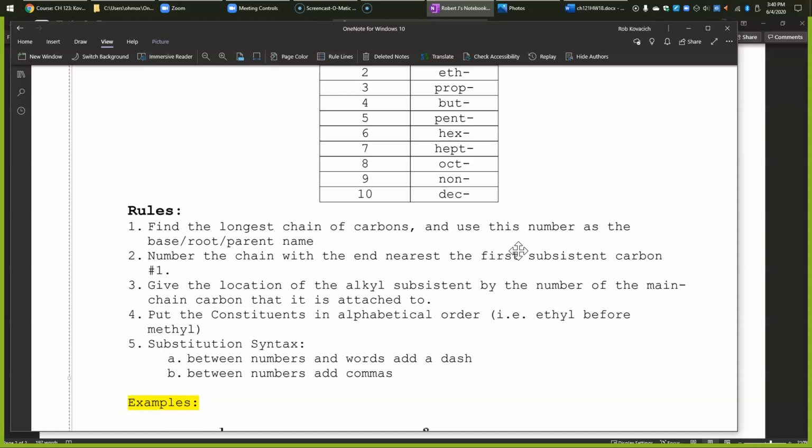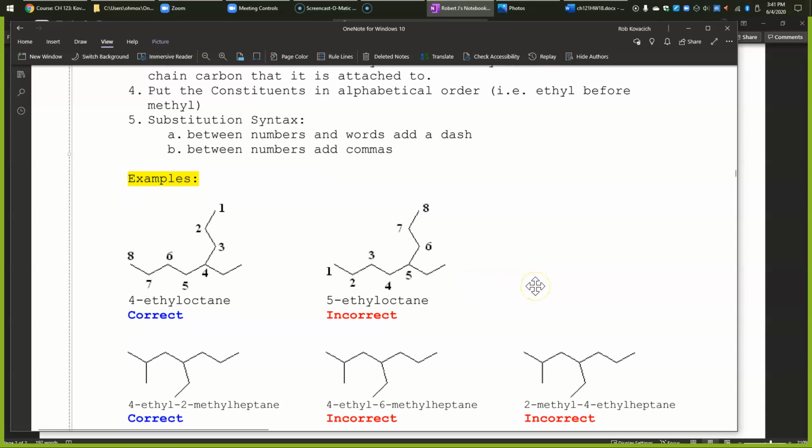I give the location of the substitution based off of its position from carbon number 1, and then I use some syntax, meaning I put dashes between numbers and letters and commas between numbers and numbers. That sounds like gibberish, but let's do an example. This molecule is called 4-ethyl octane. Why 4-ethyl octane?